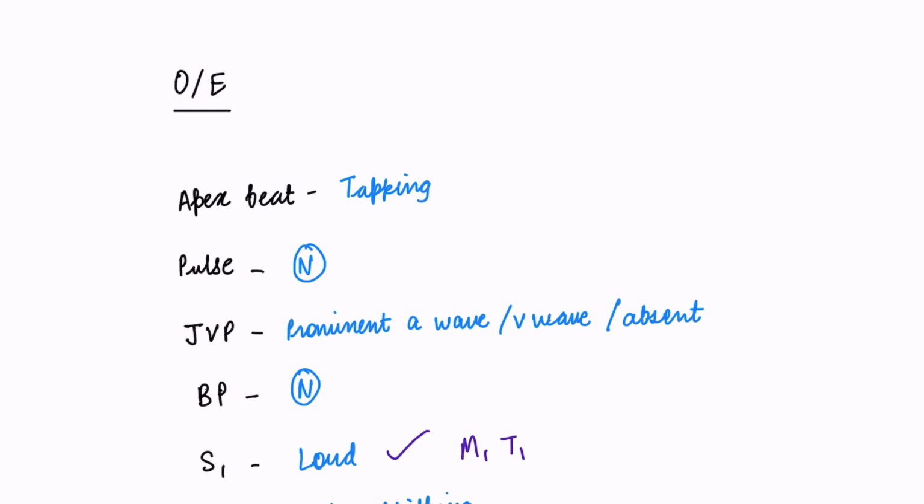Now, after apex beat, we come to the pulse. Pulse is usually normal in case of mitral stenosis unless atrial fibrillation occurs, where there will be irregular pulse. In JVP, you can have prominent A wave and V wave due to pulmonary hypertension, but it can also be absent in case of atrial fibrillation.